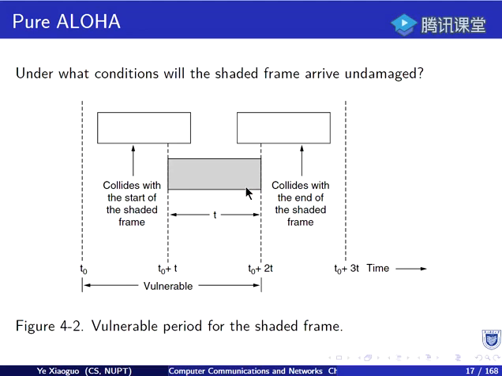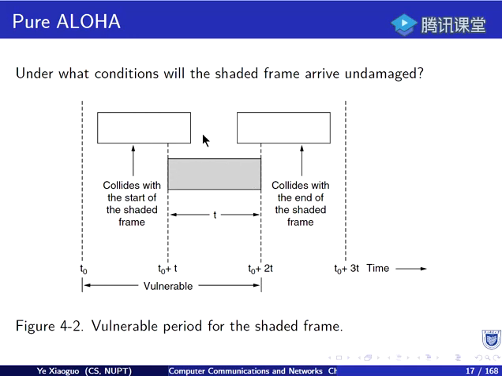That means if the beginning of the frame is larger than T0 and less than T0 plus t, then the tail of the frame will overlap with the shaded frame.